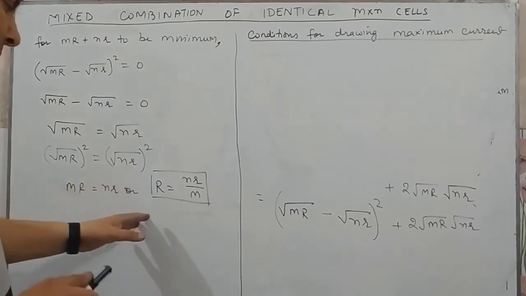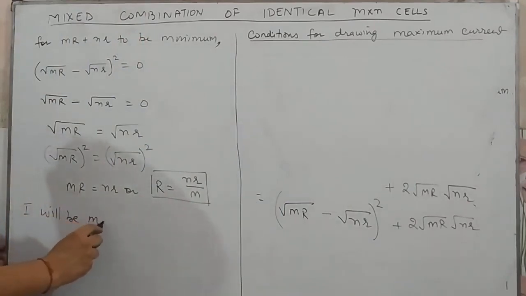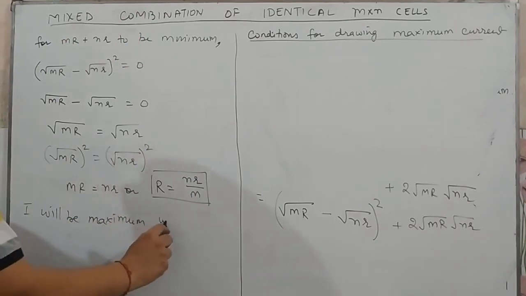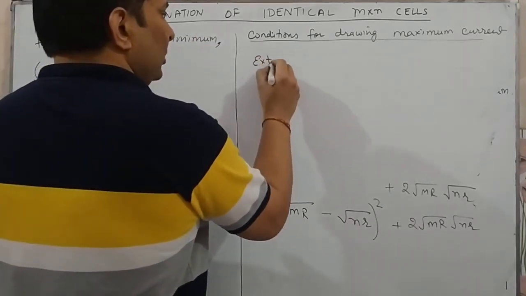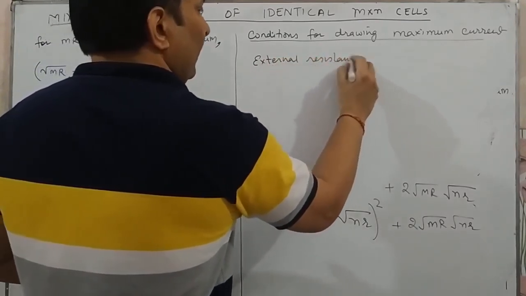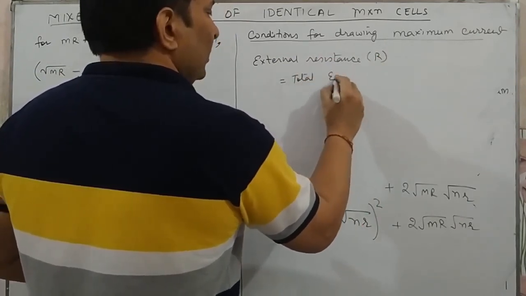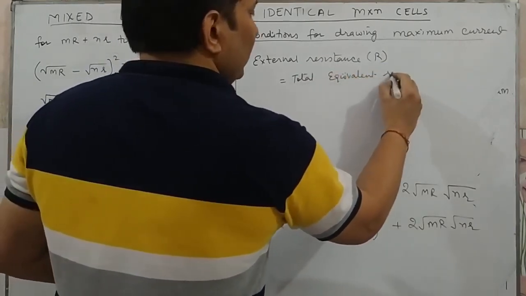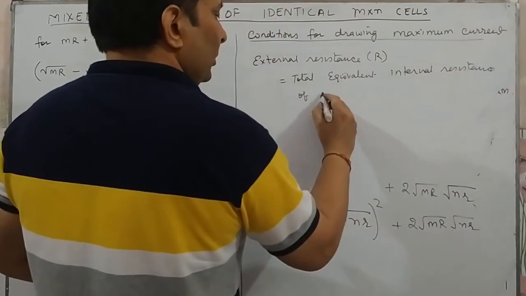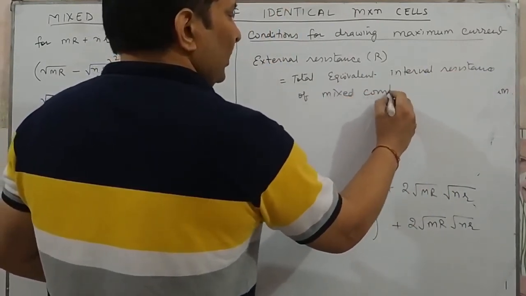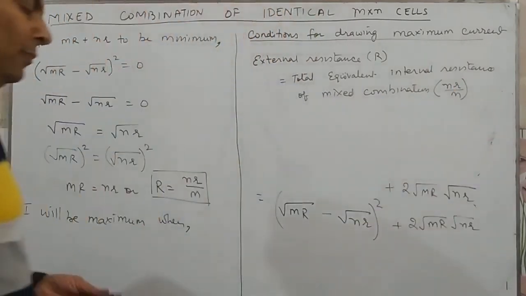So from this result we can say that I will be maximum when the external resistance R is equal to the total equivalent internal resistance of the mixed combination, that is equal to n times r upon m. This is the condition for drawing out maximum current.